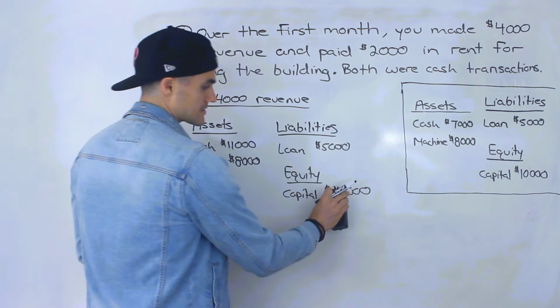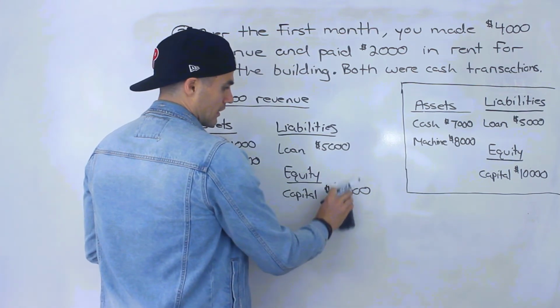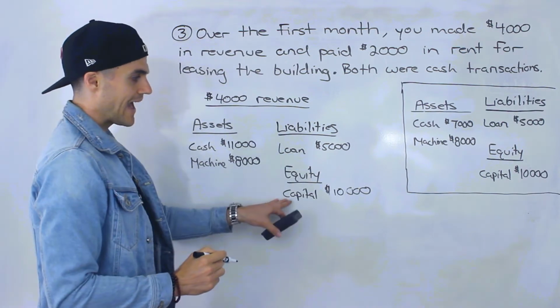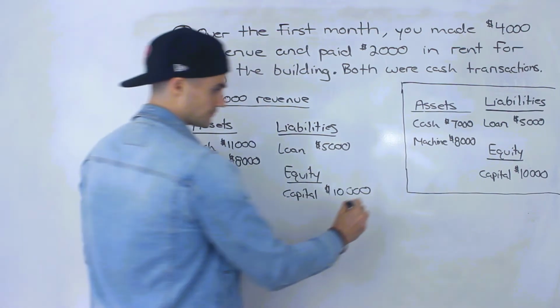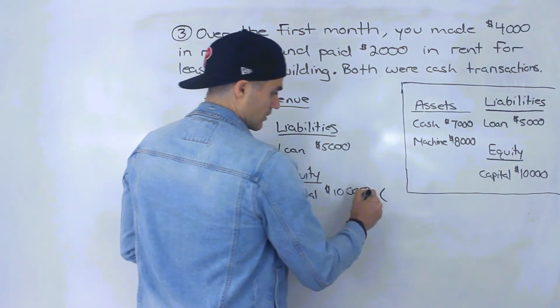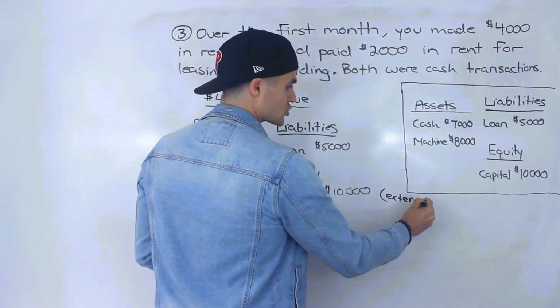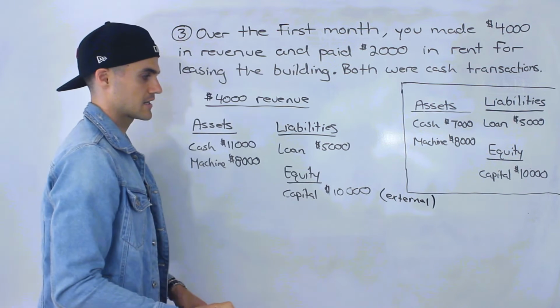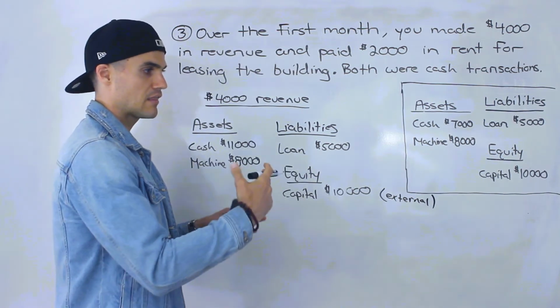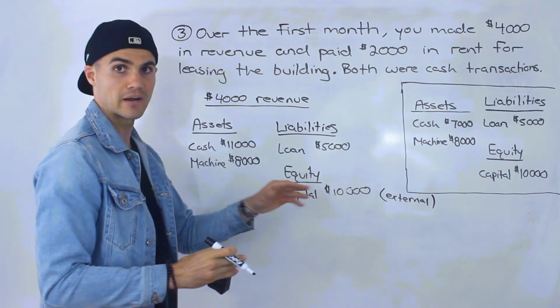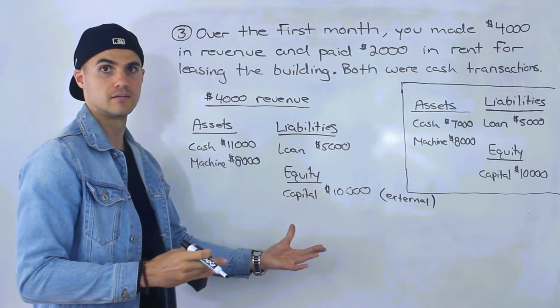And the answer is no. And here's an important point. Capital, this capital here, is based on external financing. So money that came from outside of the company. If you remember, this $10,000 is the money that you initially put in.